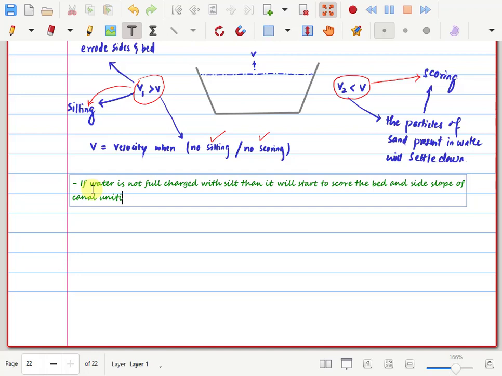It will happen until it is fully charged.